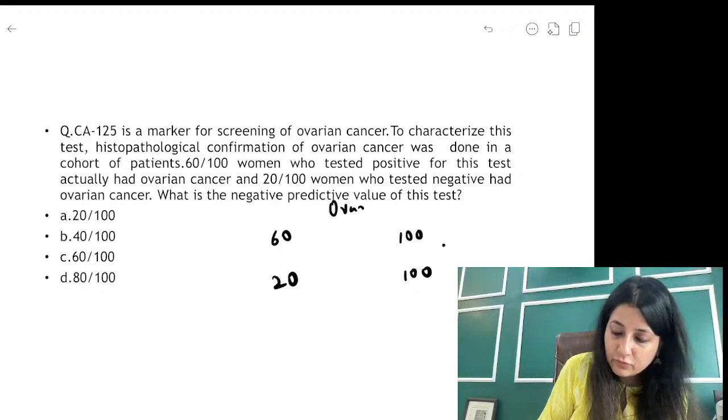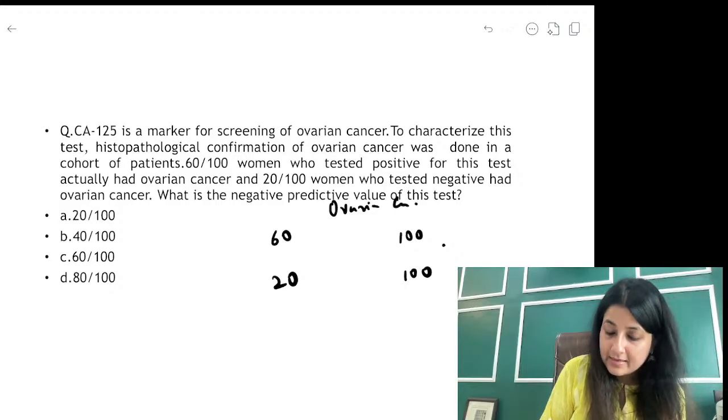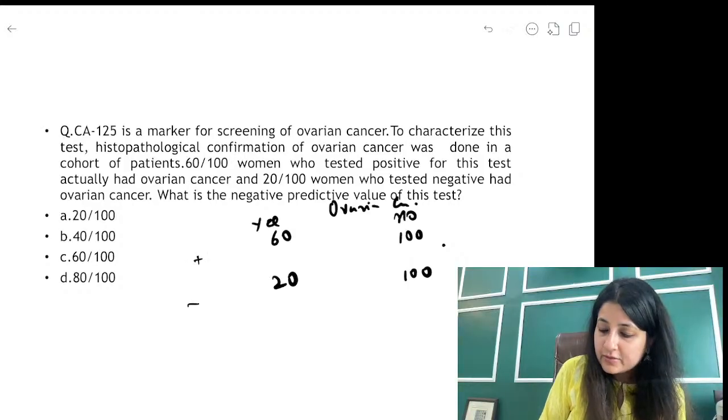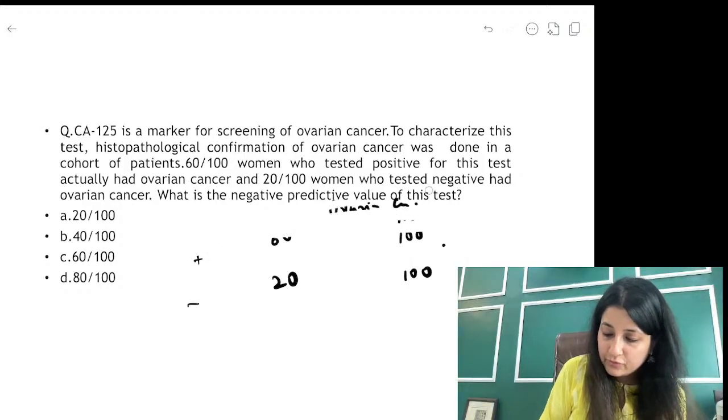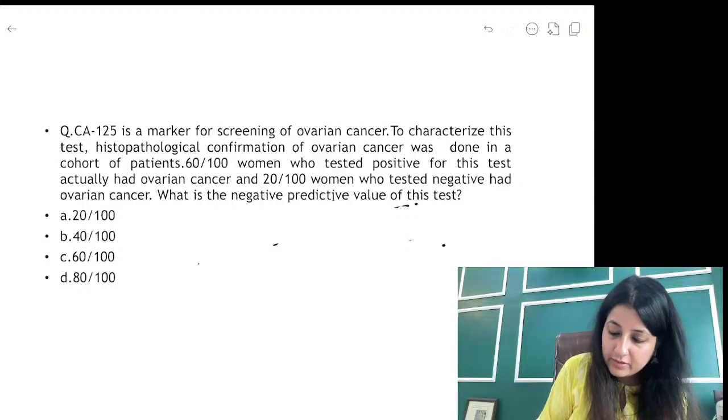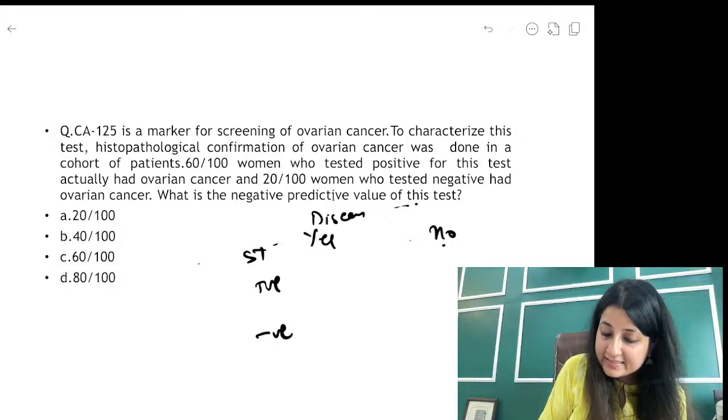All right, this is ovarian cancer, yes, no. This is the test, histopath, whatever. Let me make it for you nicely. Disease, yes, no. Screening test, positive, negative. 60 by 100 women who tested positive, so 100 women tested positive.